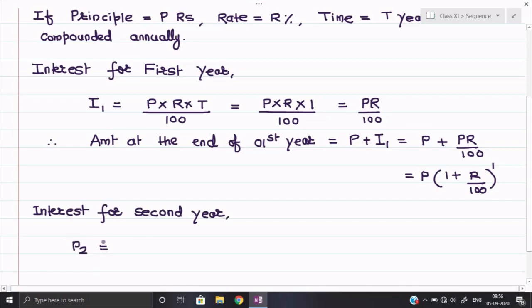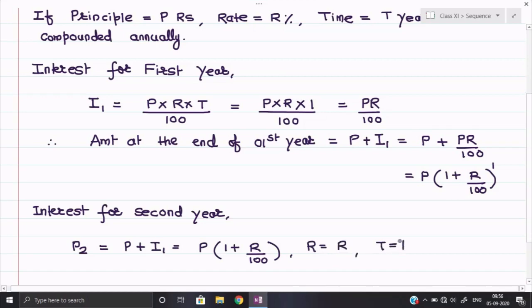So P2 is equal to the old principal plus the interest I1, which we already found as P into the bracket 1 plus R upon 100. So this is my principal. The rate will be the same, so R will be equal to R, and time will be 1 year.